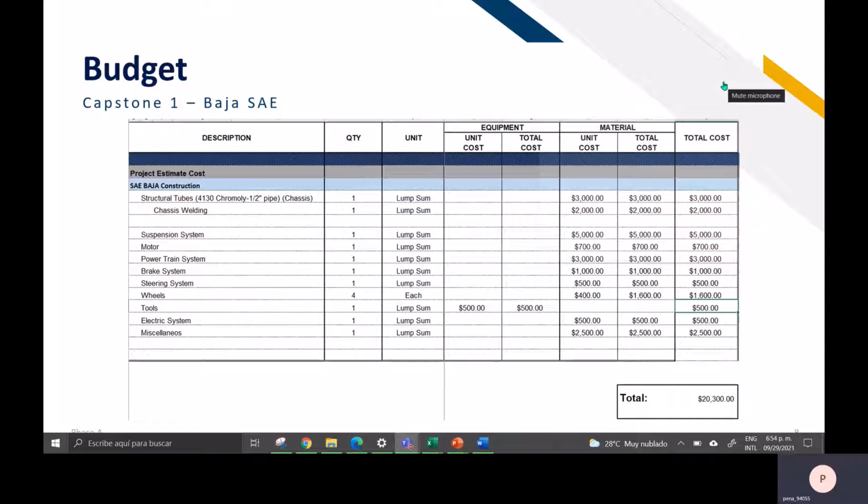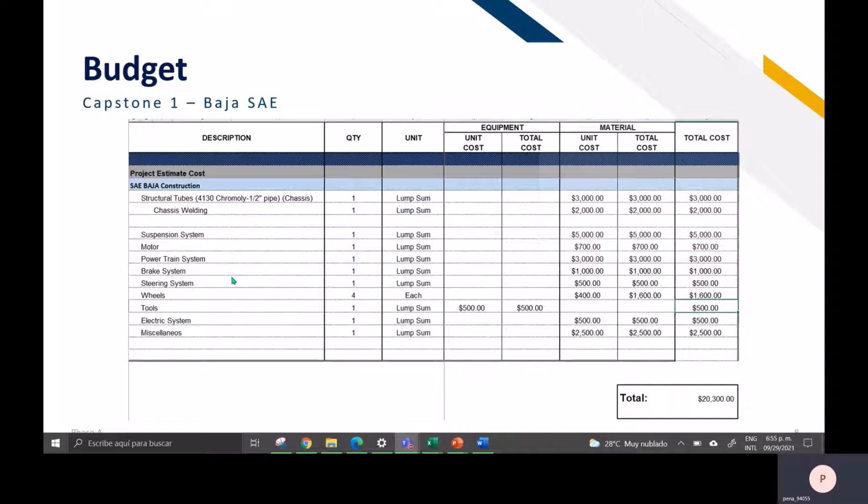The motor is $700. Powertrain system, $3,000. The brake system, $1,000. The steering system, $500. The wheels, the 4 wheels, are $1,600.